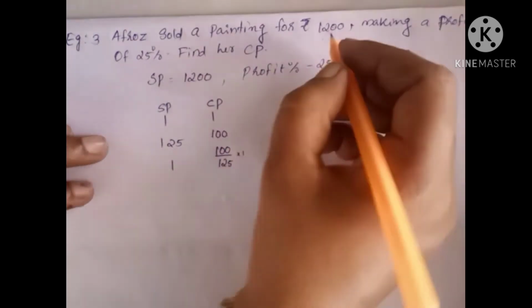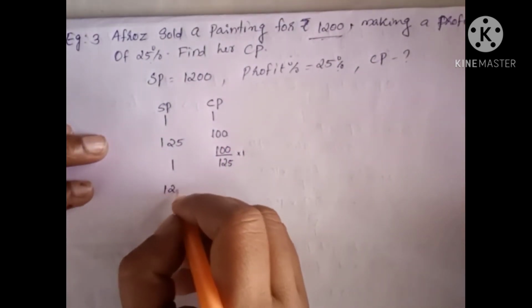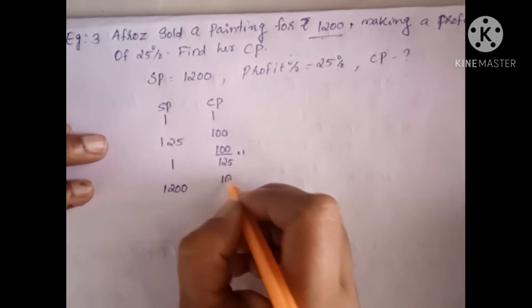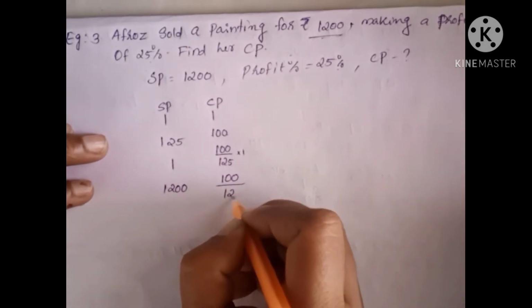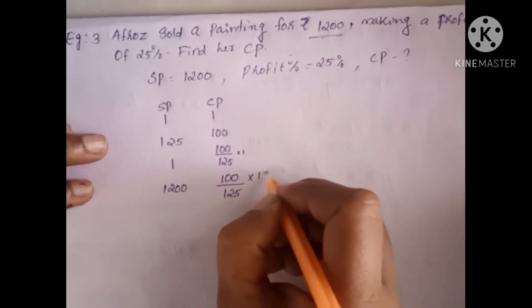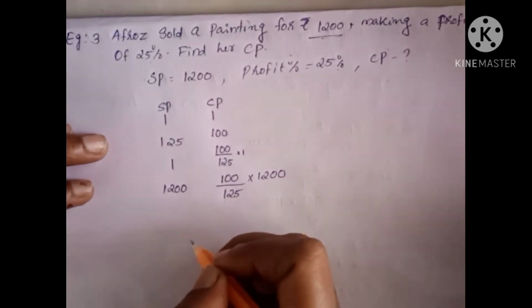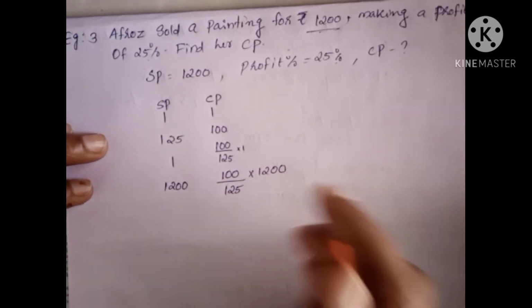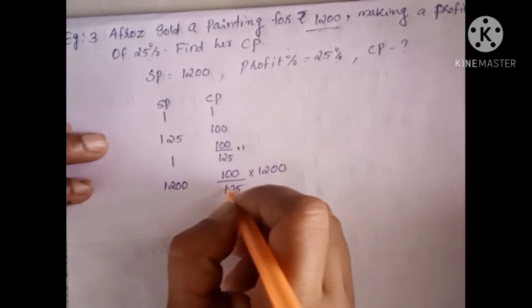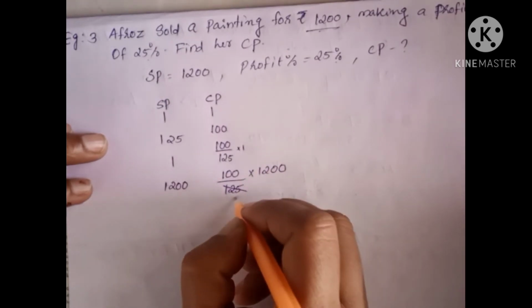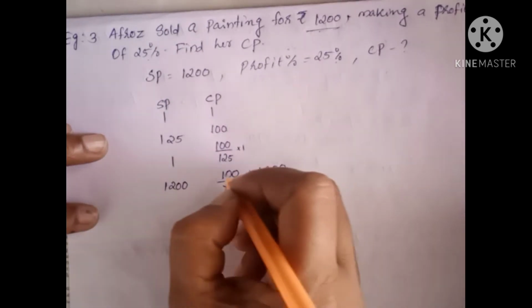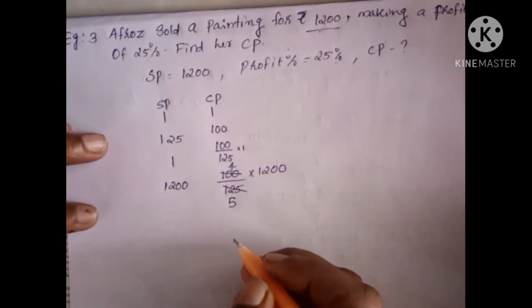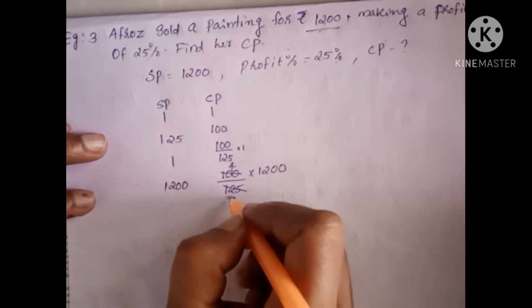If the SP is 1200, CP is 100 by 125 into 1200. Clear? We can cut here by 25. 5 25s are there in 125. In 100, 4 25s. We can cut these two by 5.